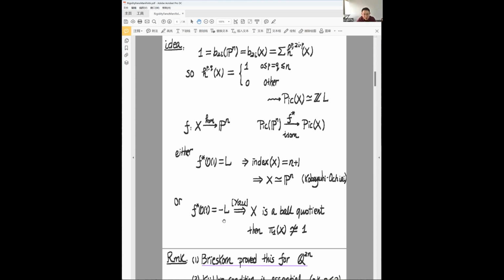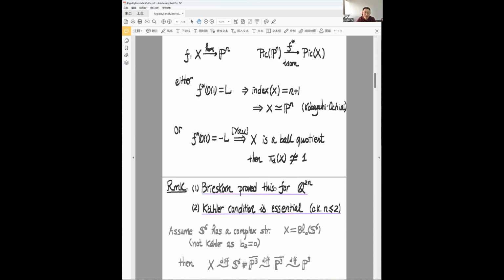Then we need to use Yau's theorem to show that in this case X is a ball quotient, and in particular it's not simply connected, because the fundamental group is quite big. So this excludes this case. So in particular, this would imply X is isomorphic to Pn.